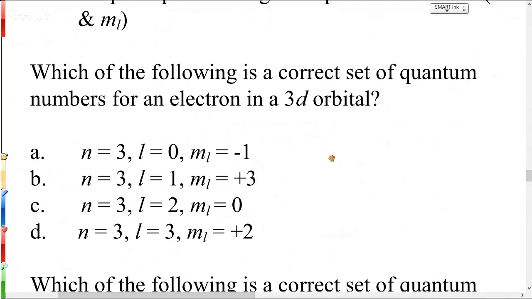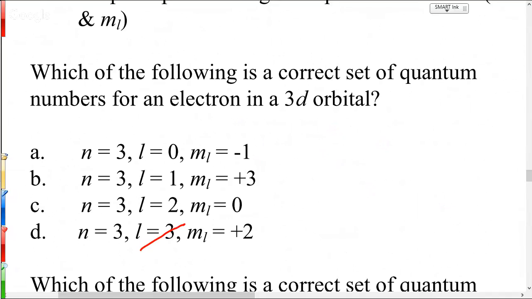So now L, how do we find L? Not quite, because remember, L can take different values up to n-1. That doesn't mean it's always n-1. But one thing we can do with that is eliminate D, because L can't be 3. The biggest L could possibly be in the n equals 3 level is 2, because the biggest value it can take is n-1.